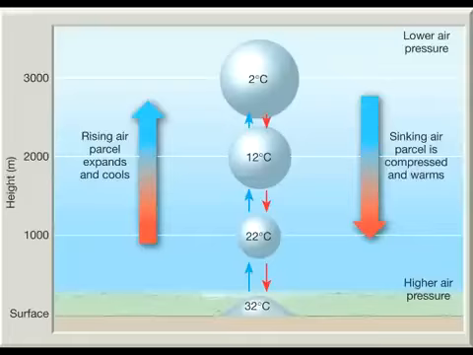That means if your surface air temperature happens to be 32 degrees Celsius and you force the air to rise up to 1000 meters, the temperature will be 22 degrees Celsius. You force it up to 2000 meters, it will cool down another 10 degrees, so its temperature is 12 degrees, and so on. The opposite happens when you force it to come down. It will increase its temperature again at 10 degrees per 1000 meters.